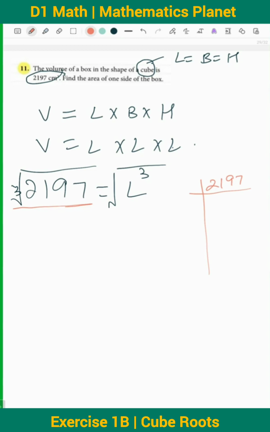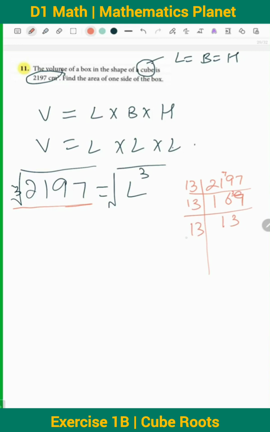No. Can we do with 13? 13 times 1 is 13, 13 times 7 is 91, and 13 times 9, so we get 13 times 13 times 13.